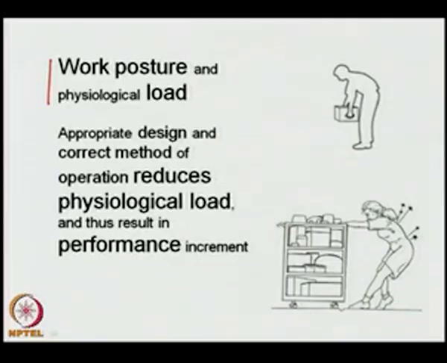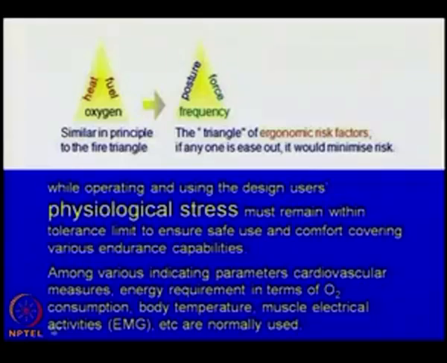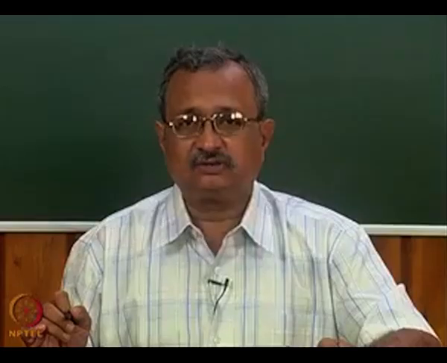Now, if the trolley design is not proper, then the total load coming affects the back. So, it can be said that appropriate design and correct method of operation reduces physiological load and thus results in performance increment. So, we must be aware of the posture.